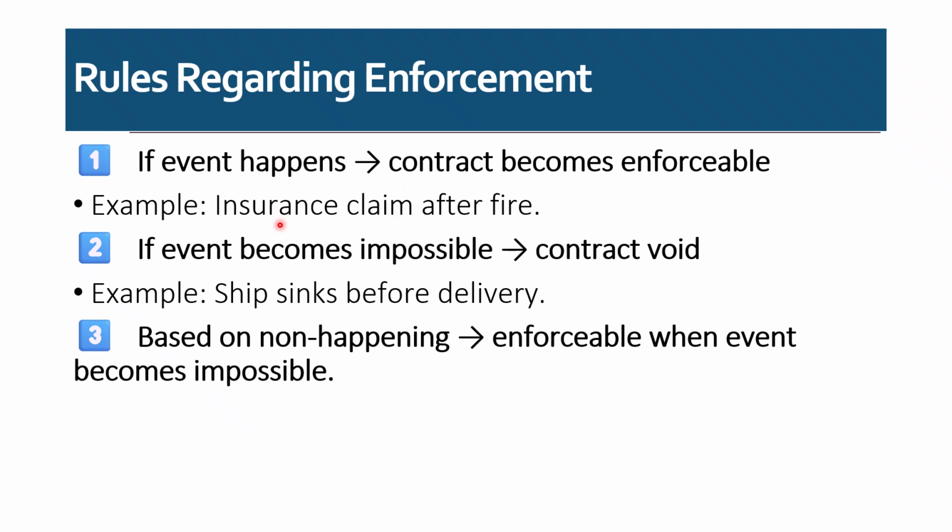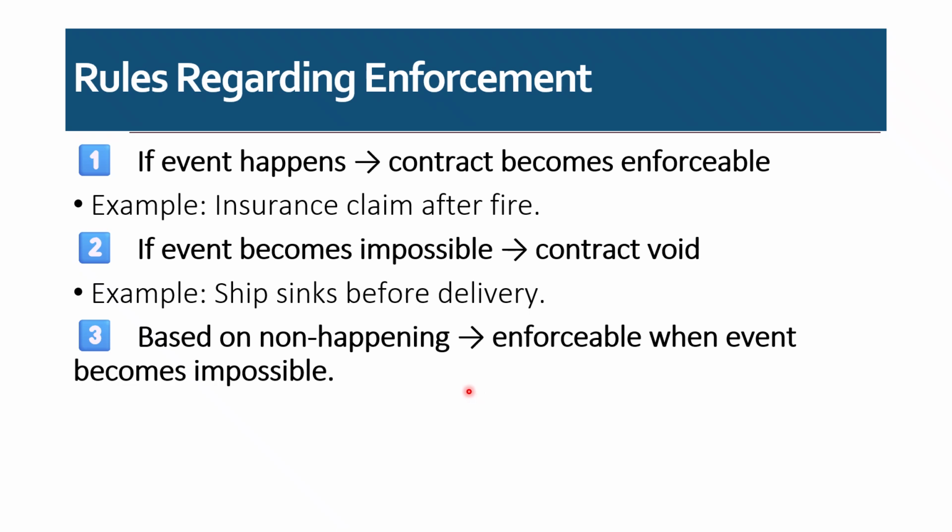The next is when the contract depends on the non-happening of the event. So it becomes enforceable when it becomes certain that the event will not happen. For example, A promised to pay B if the ship does not return, when the event becomes impossible. So once it sinks or war is declared, the contract becomes enforceable.